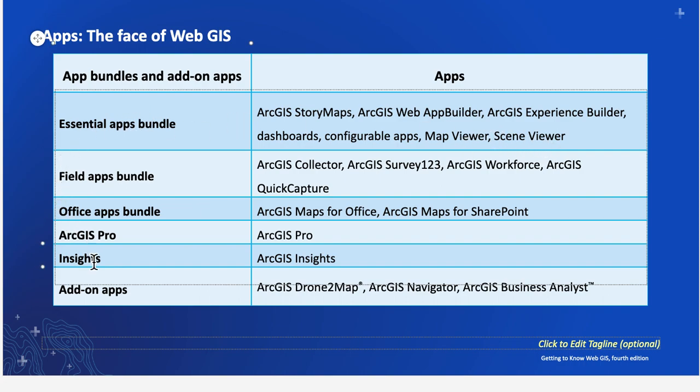And we also have other apps such as the Field Apps Bundle if you're going out in the field. Again, for our lab course, we did use one of them, which is ArcGIS Survey123. And other examples are Collector, Workforce, and QuickCapture.